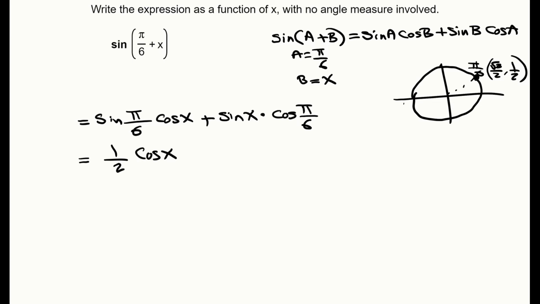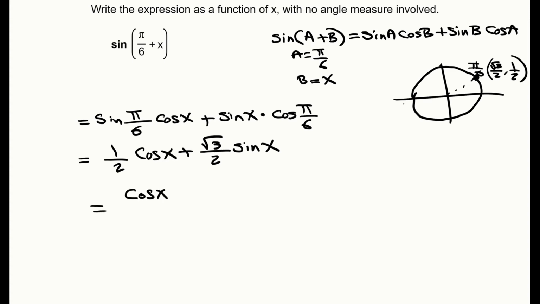cosine x plus, let me go ahead and take care of the constant first. Cosine of pi over 6 is the x value, so it's going to be square root of 3 over 2 sine x. Now those are like fractions because they have the same denominator, so we'll just go ahead and combine the numerators.